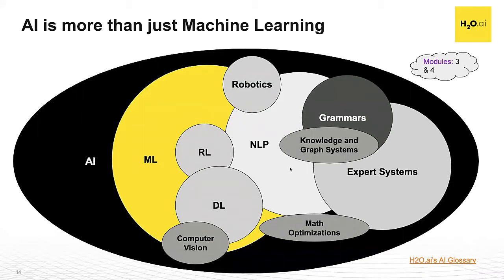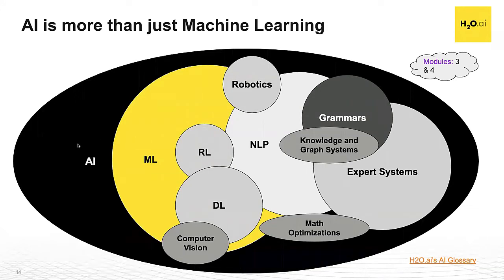Let me go ahead and answer this question here. Should I consider ML a subset of AI, and deep learning, reinforcement learning, computer vision, and robotics a subset of machine learning? If you look at this image, then yes, but many of them are interconnected.